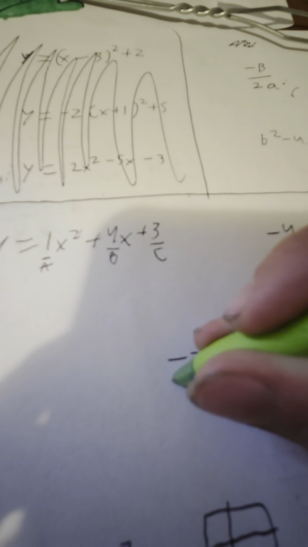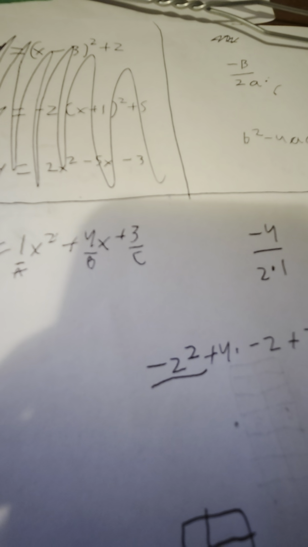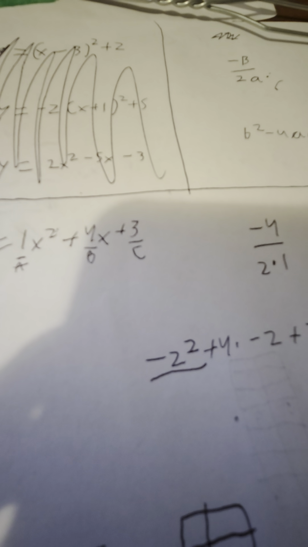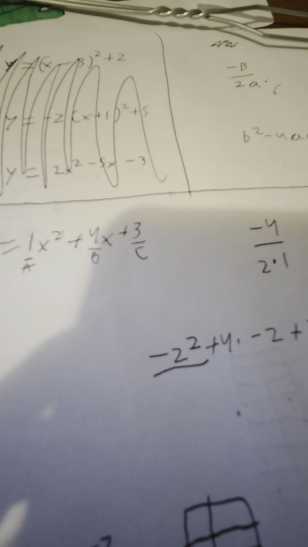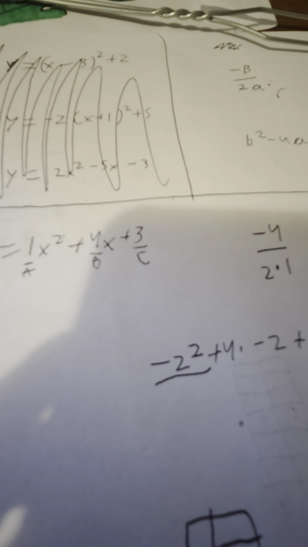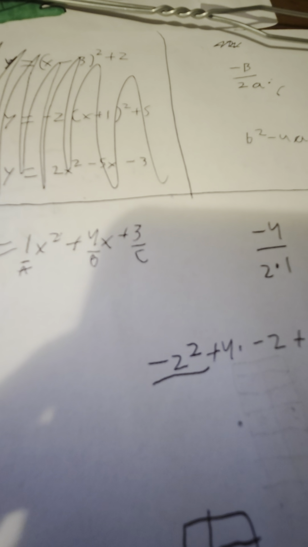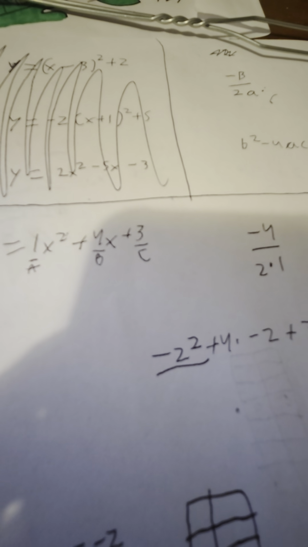Now, negative 2 to the power 2. Now, when you take something to the power, you just multiply it by that many times by itself. So, negative 2 doubled, or negative 2 times negative 2, is just negative 4.